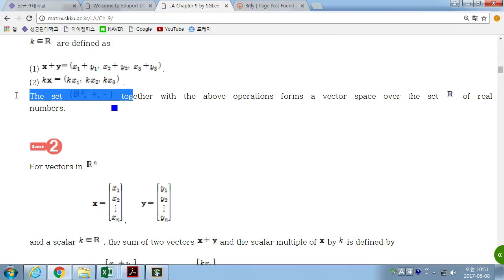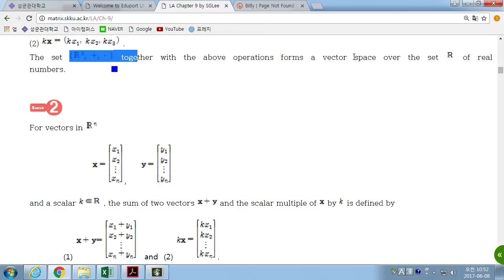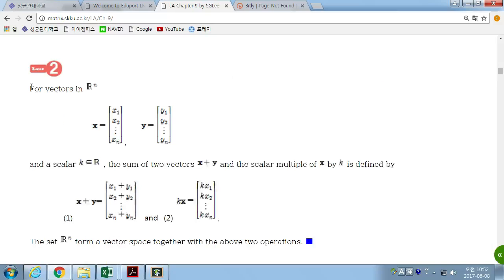So this is a vector space with these 2 operations over the set R, when we use a scalar from R.